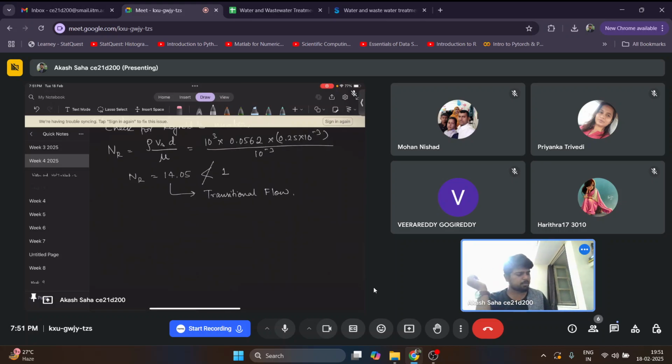Based on our type of flow, my NR, that is the Reynolds number, and the drag coefficient CD will change. This CD will be required for the general formula. So if the flow is laminar, the Reynolds number should be less than 1 and the drag coefficient should be 24 by NR.